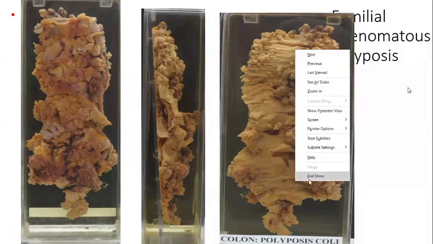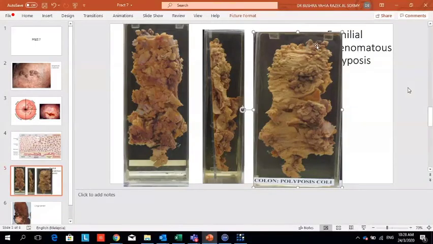But why does this patient have numerous polyps? Adenoma? Yeah, it is adenoma, but due to what? Gene? Yes, gene mutation. What type of gene mutation?